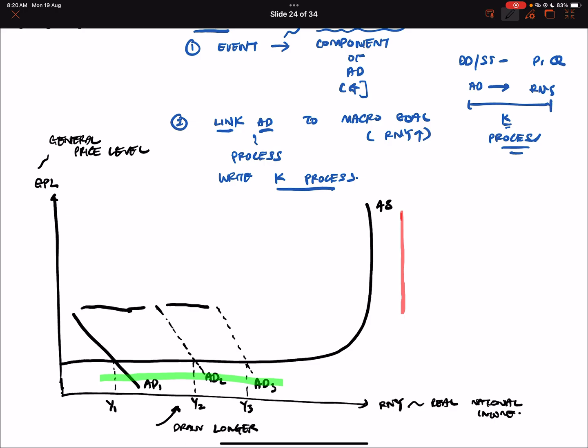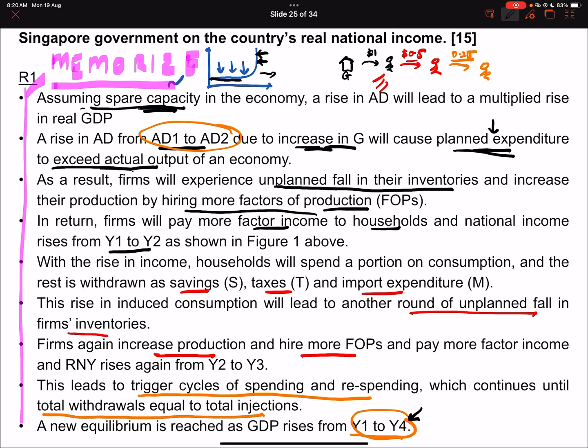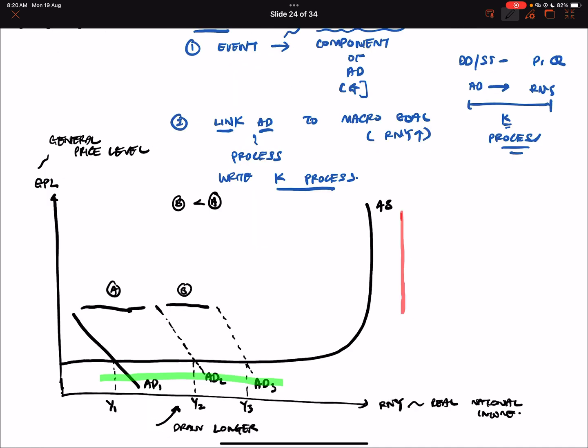Gap B is smaller than A, which makes sense, because gap B occurs after this first guy has already saved, spent on taxes, and spent on imports. So only 50% gets transmitted to the next guy, which means that the next shift, B, has to be less than A. And then subsequently, you stop all the way here, so AD4.